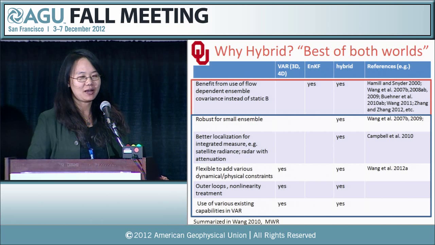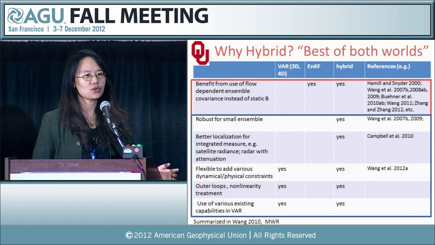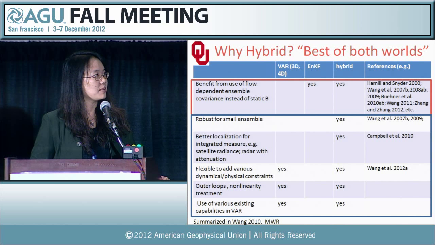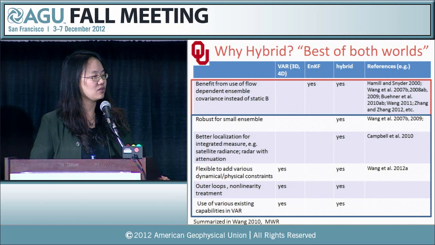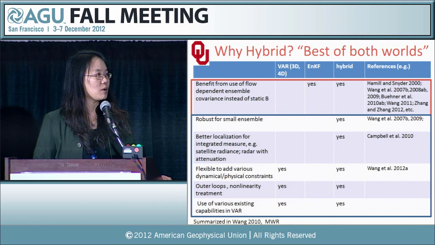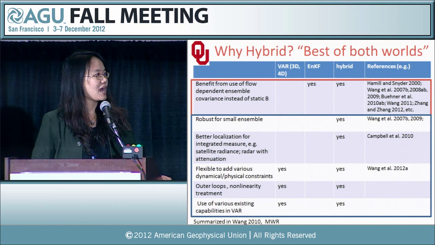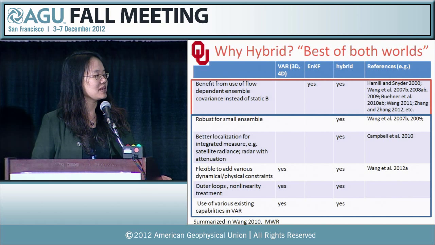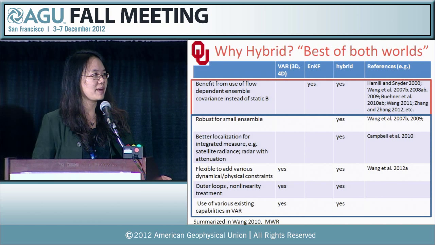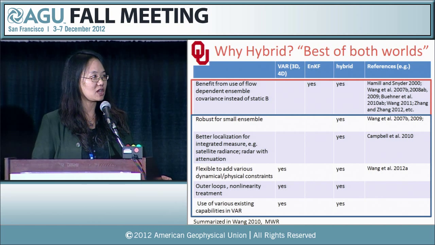Relative to a pure EnKF system, the hybrid can also have some advantages. For example, our early studies suggest that if we can only afford to run a small number of ensemble members, the hybrid can be more robust. Other studies suggest that the hybrid can be better in the assimilation of satellite radiance data because of the better localization for integrated observations.